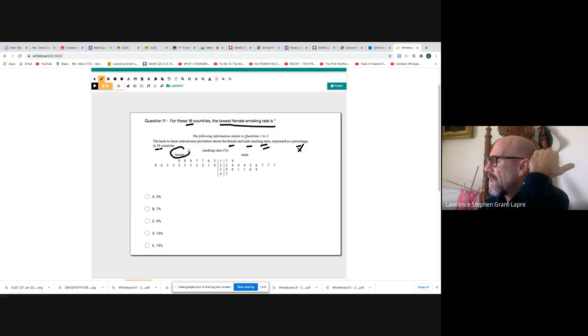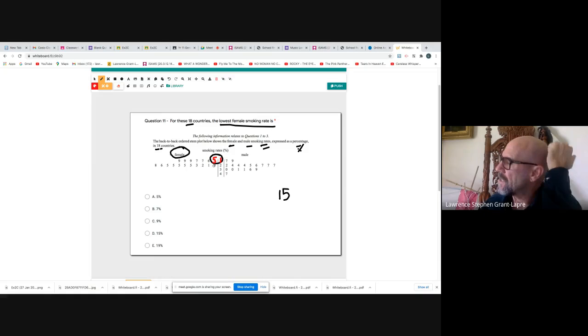And the lowest number is here, 1-5. The 1 is the tens, and these are 15, 16, 17, 18. So 15%. So D, 1-5. The smallest number was 15%.